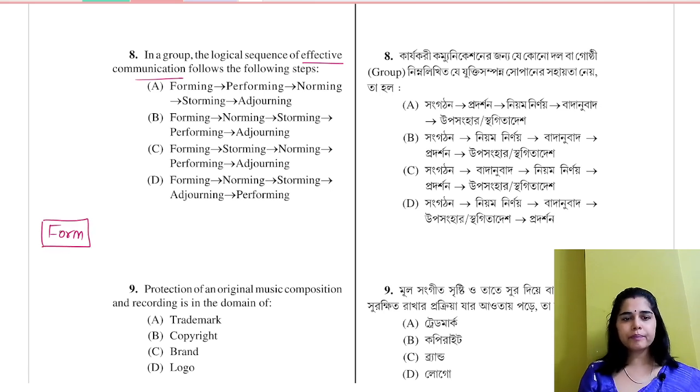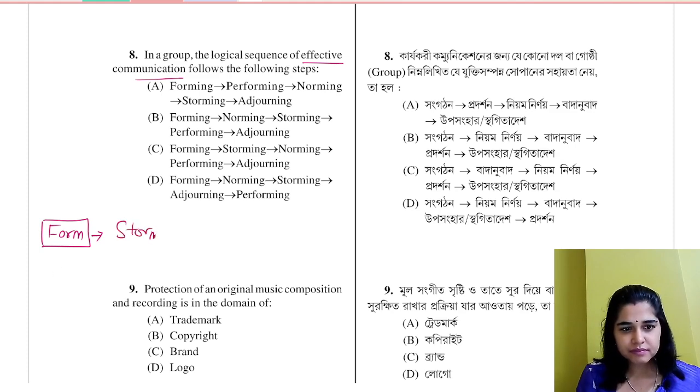The group will form. What next? After forming, lots of different types of people are in a group, so what will happen? The fight, the storm will come. After storm, you are going to norm.